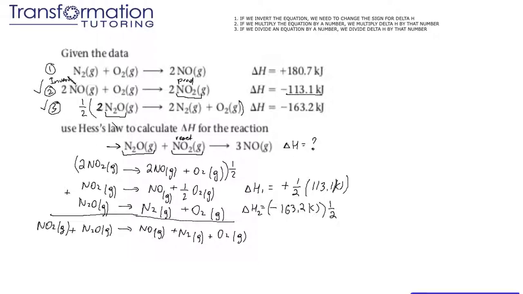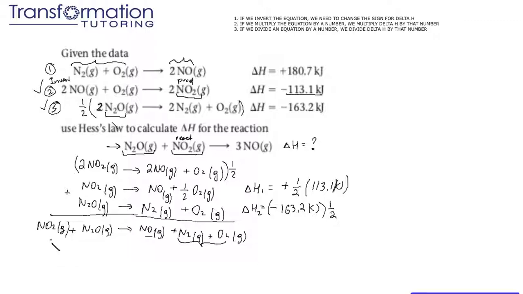Well, if I look at my equation 1, I see, oh, well, N2 and O2 will be able to cancel since these are on the reactant side, and in this equation, they're on the product side. And then 2 NO here will add up with 1 NO here to give me 3 NO, which means I do not even need to change step 1 of the equation.